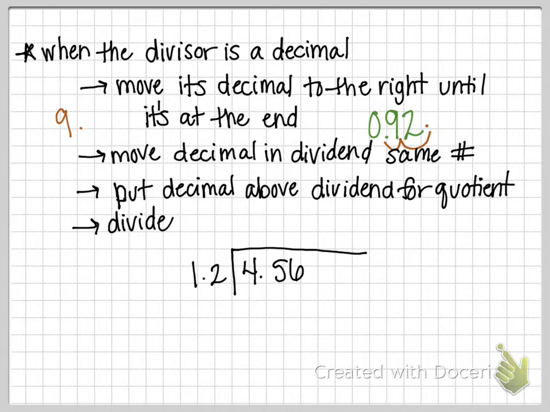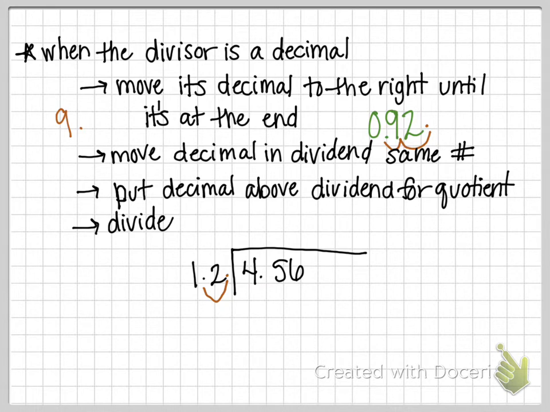Notice that we have a decimal in our divisor. Does everybody see that? 1.2. It's okay to have a decimal in the dividend, but it's not okay to have a decimal in the divisor. So I need to move this decimal in 1.2 to the end so that it looks like a whole number. So what I'm going to do is slide this decimal point 1 to the right. Do y'all see that?